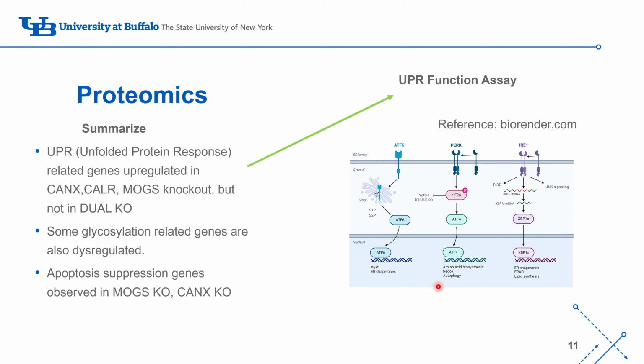So the main thing is that autophagy is directly or indirectly related to this ERAD pathway. So it will take care of the unfolded proteins that need to be degraded.